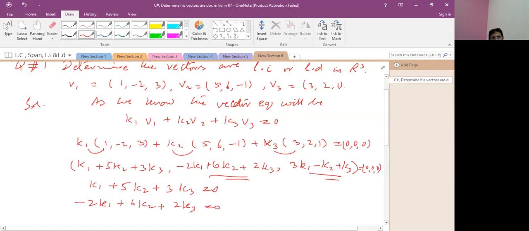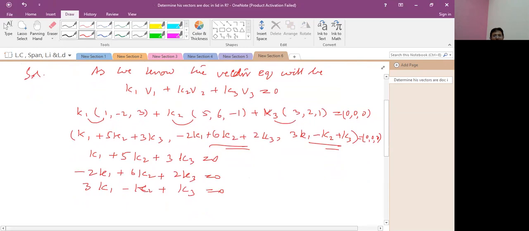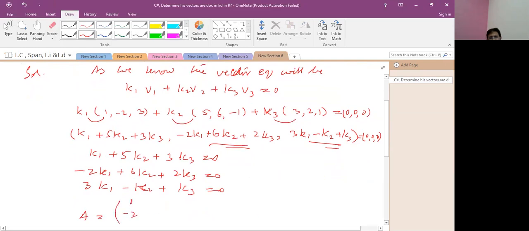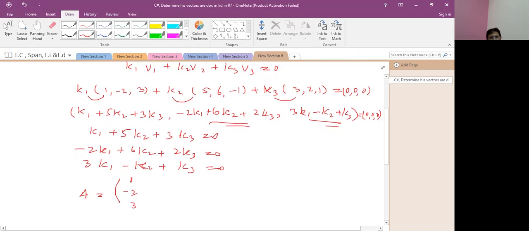And the last equation is minus K2 plus K3 equals 0. After we form the equations, we make a coefficient matrix. The coefficient of K1 is 1, minus 2 and 3. The coefficient of K2 is 5, 6 and minus 1, and the coefficient of K3 is 3, 2, 1. Find the determinant value.